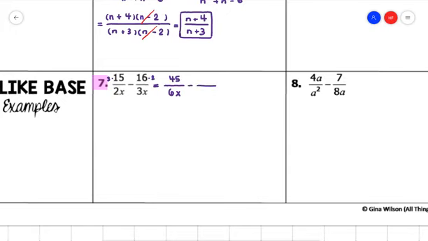And then with 16, I'm multiplying by 2, which is 32. And now they have a common denominator. So my new fraction would be 45 minus 32 over 6x. And 45 minus 32 is 7. And 7 over 6x will not reduce any further, so that would be my final answer.